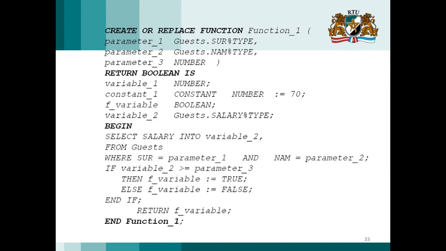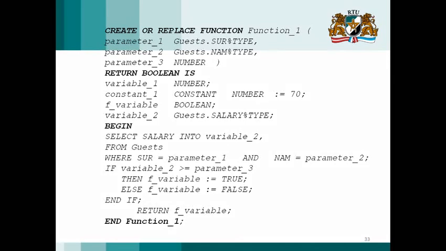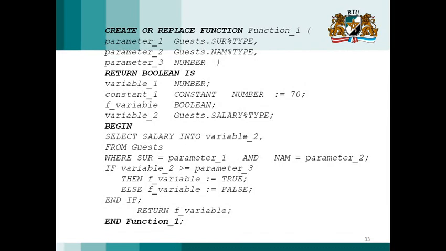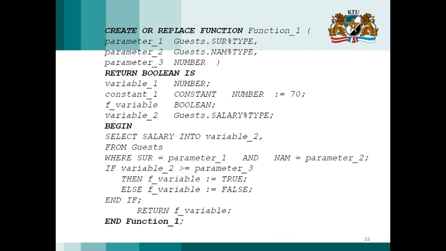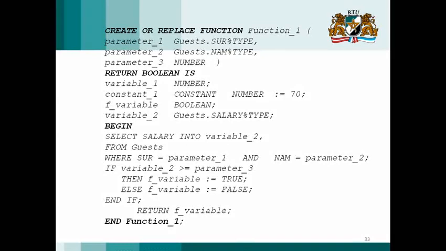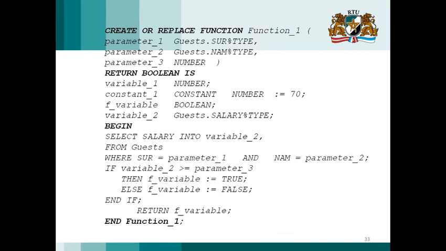What are we doing in this function? At first, we select salary from the table guests into variable 2. As we can see, variable 2 has the type of this table guests salary column. So the types of this salary and variable 2 are equal. And the condition is that the surname of the guest is equal to parameter 1 and the name of the guest is equal to parameter 2.